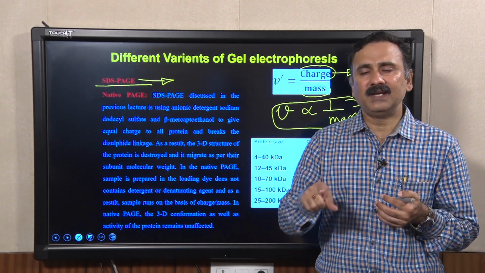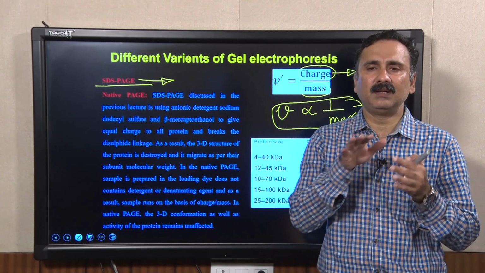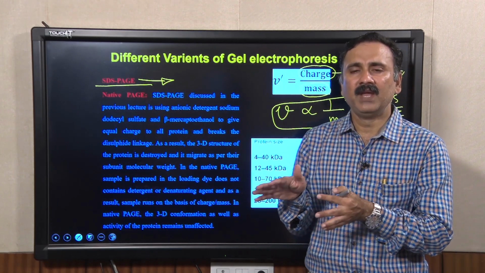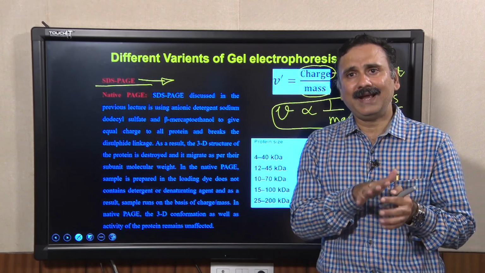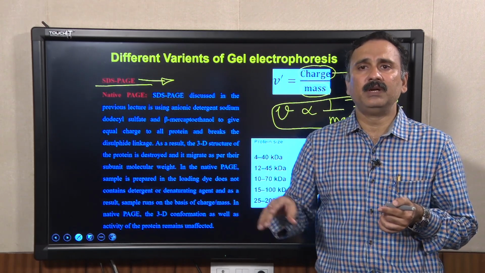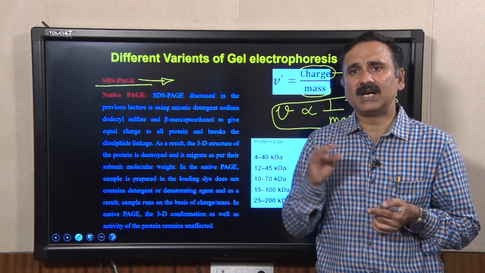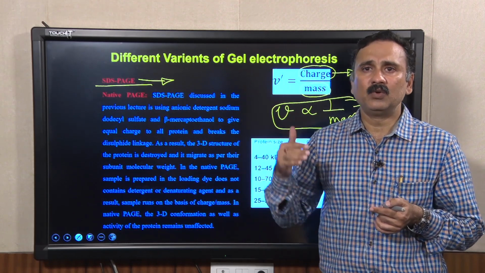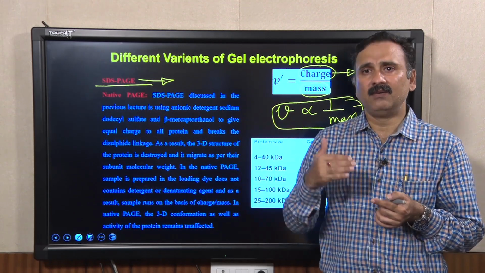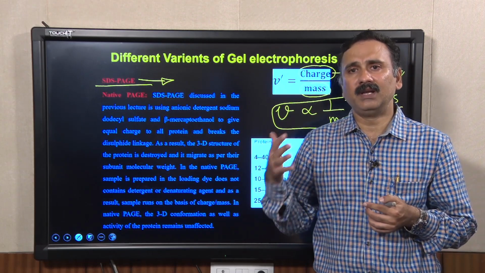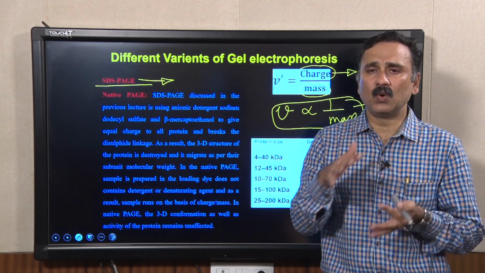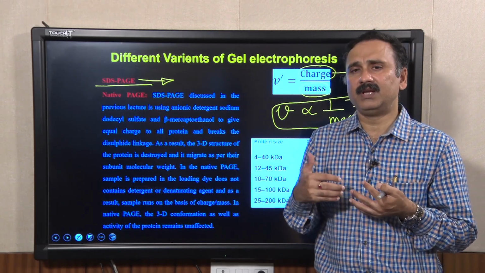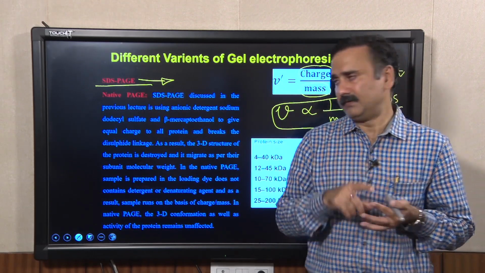So, in the SDS the proteins are going to run as monomers, and since they have equal charges, they are resolved in an inverse relationship to their molecular weight, which means the high molecular weight proteins are going to run slower and the lower molecular weight proteins are going to run faster.